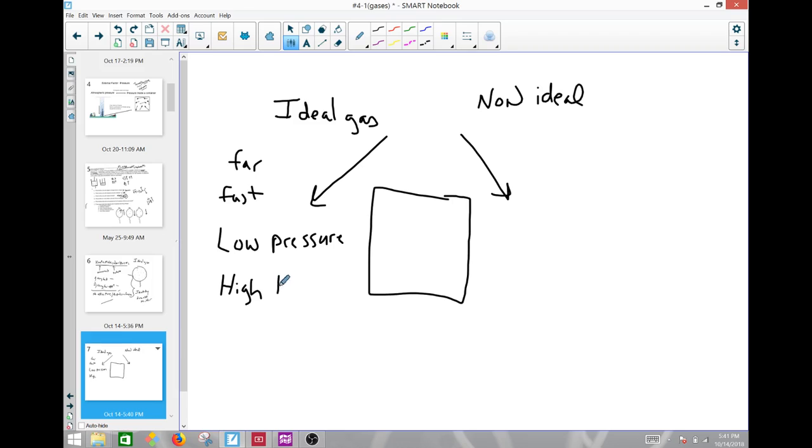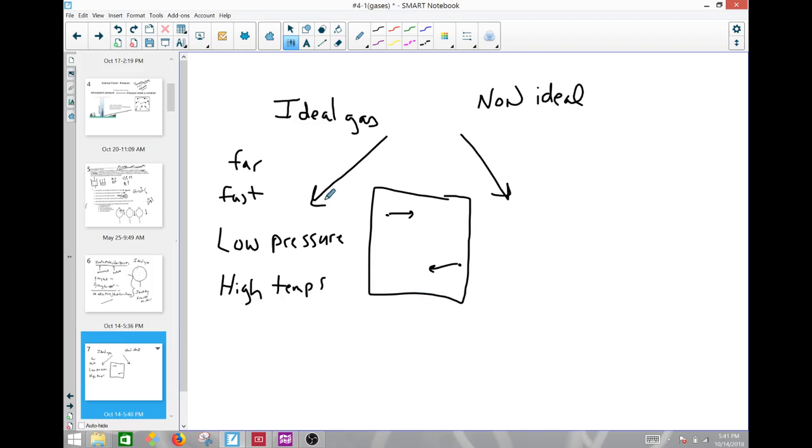High temps. Again, they're traveling very fast. So we've got a particle here traveling very, very fast, and there's not many particles there, and therefore they're not that close together, and there's a low pressure. Why is there low pressure? Because there's not many particles there. They're not very close together.